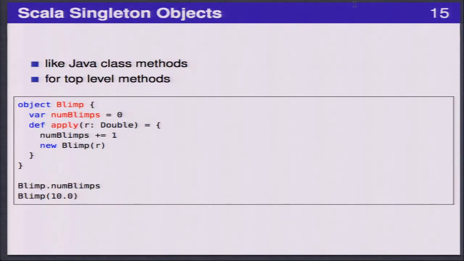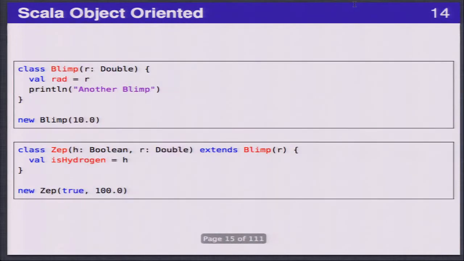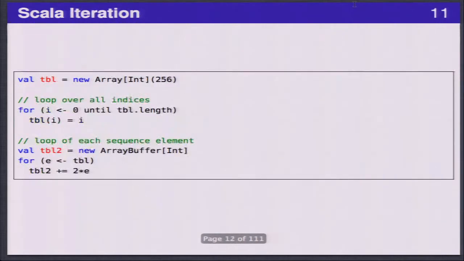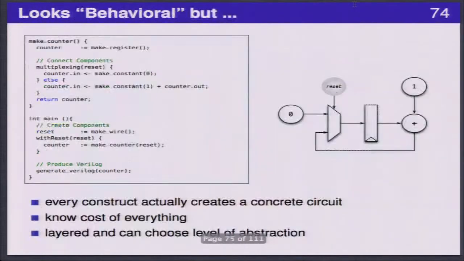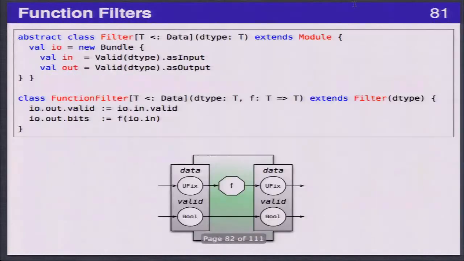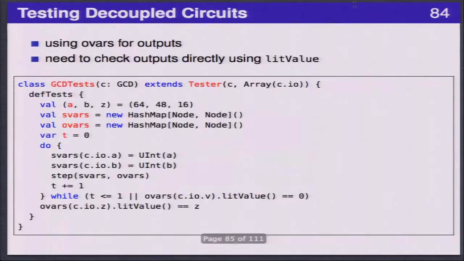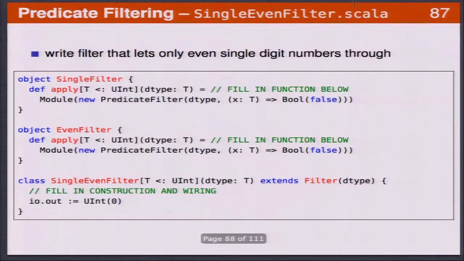So I'll show the other use of it, which is this one here, where we had object single filter and object even filter, and only introduced this to be able to write just a single function that's called single filter.